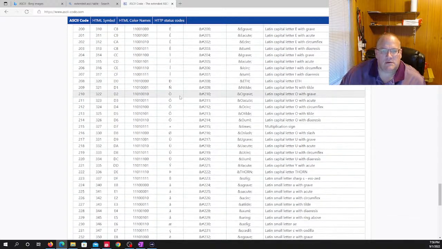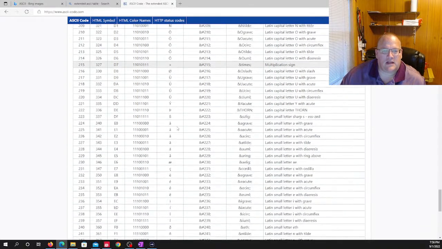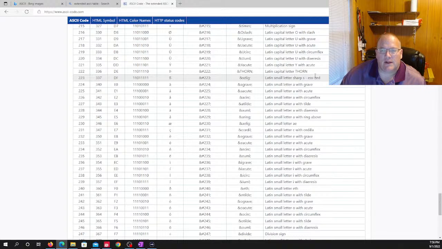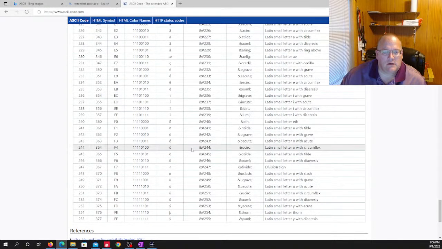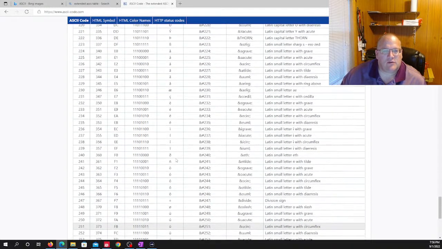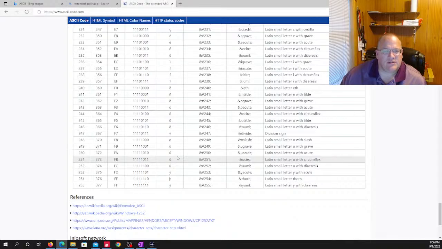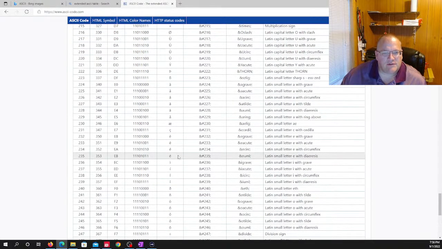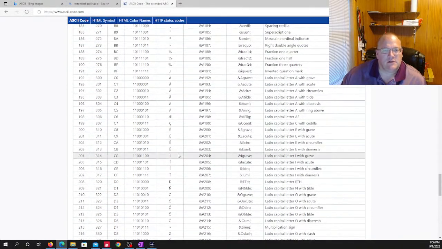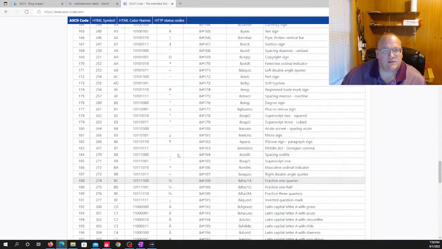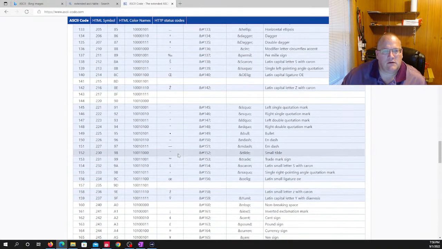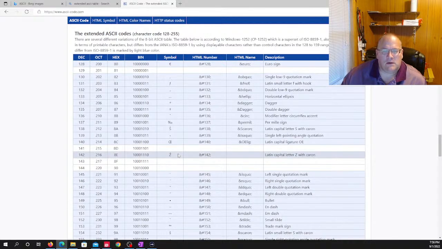Lots of different stuff here. There, that's the double S in German. These are all pretty much still European languages. We still haven't even gotten to one like Russian. There's some letters in Russian that aren't on this list as well. They're just not there.